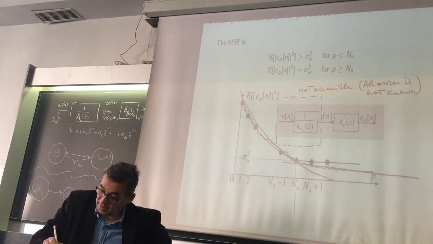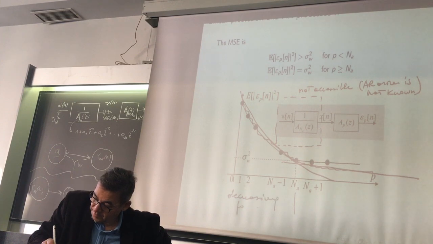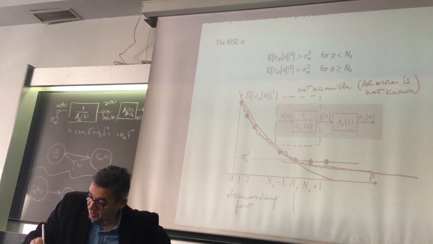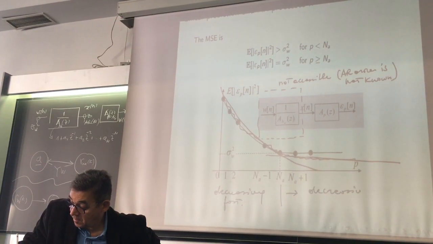So it's decreasing fast, approximately exponential. And then up to a certain point, it's decreasing slow and approximately linear.